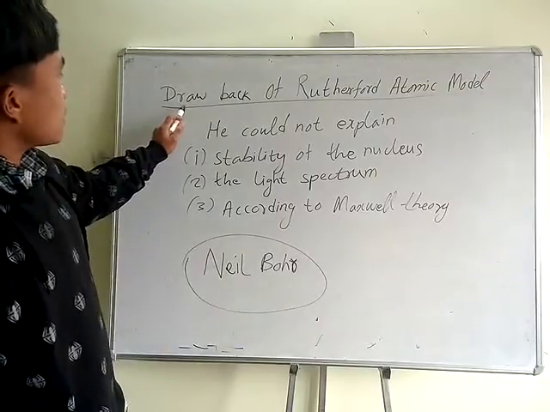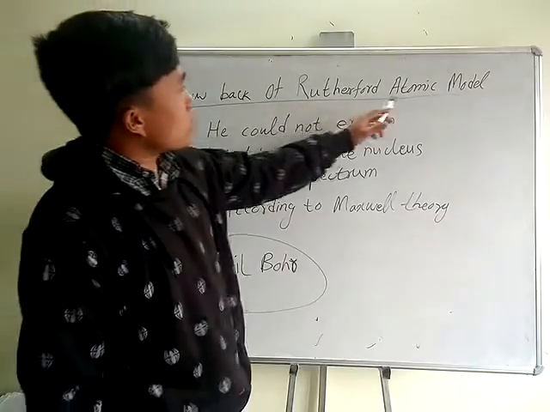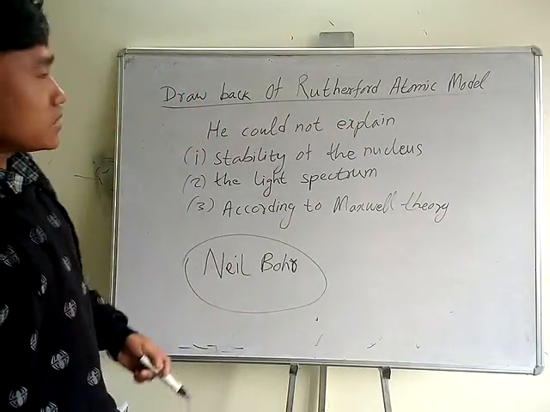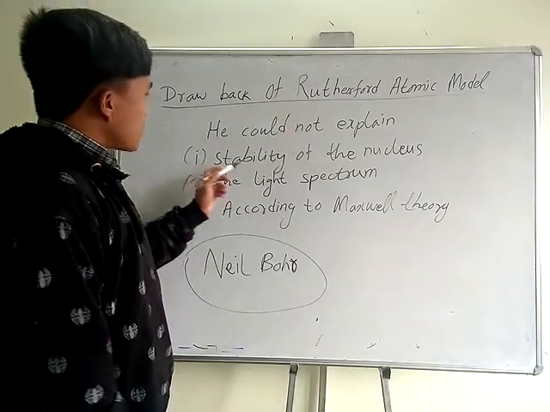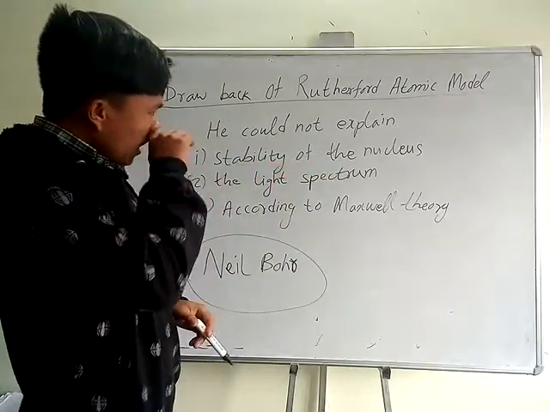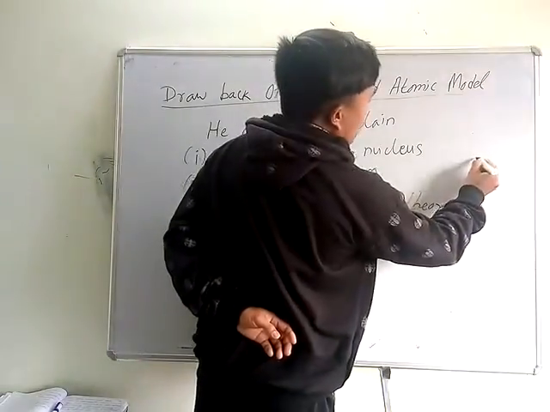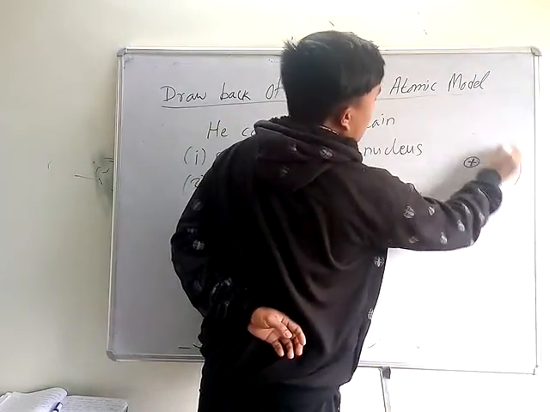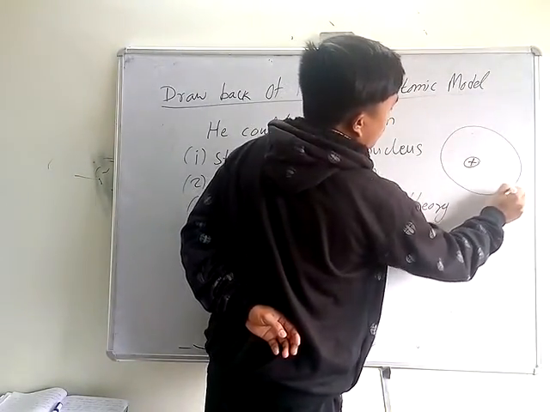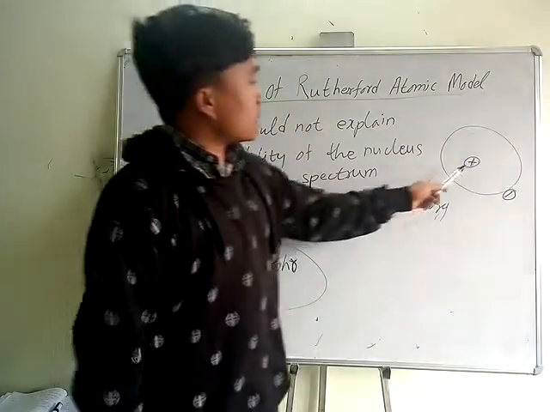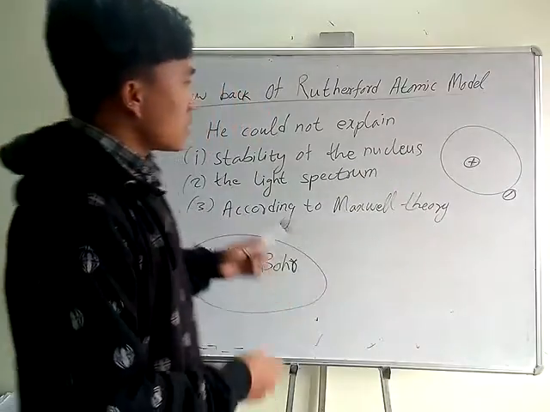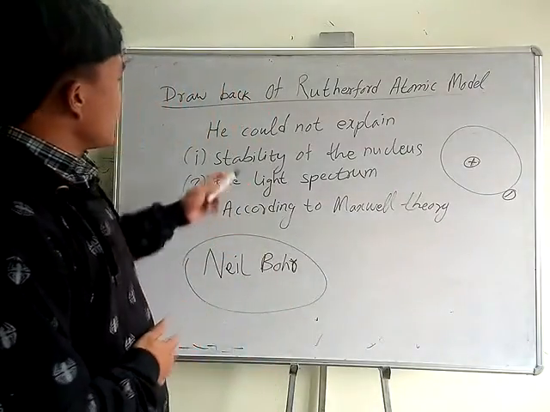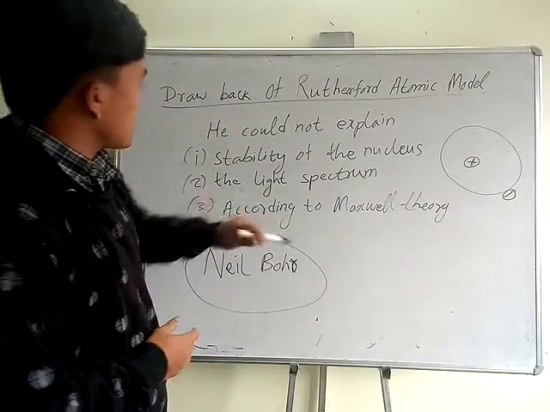Drawback means he failed to explain, and he could not explain the stability of the nucleus. Here is the nucleus and here is the electron, and when this electron revolves, how it will be stable and how it will keep its stability, he could not explain this point.